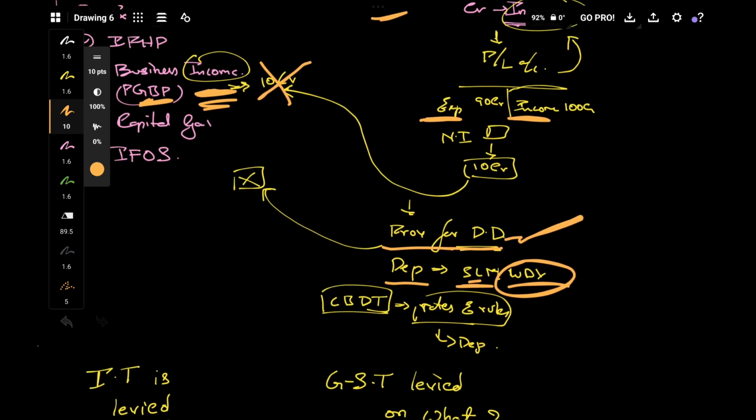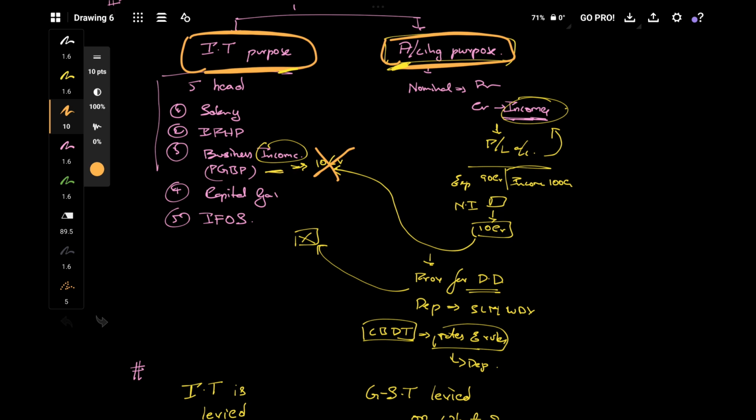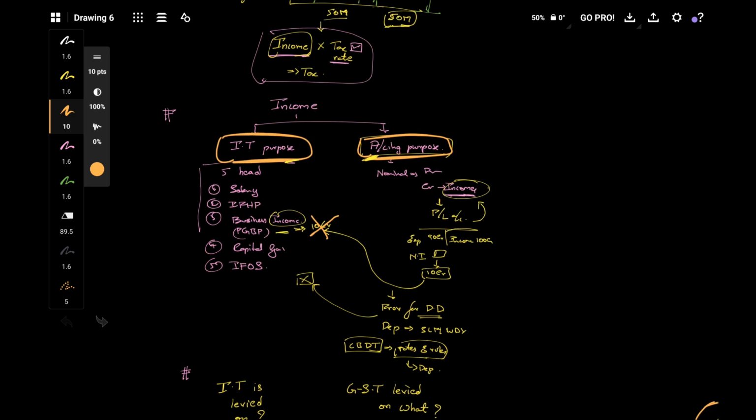And that too on depreciation rates which are given by the income tax department or the Income Tax Act. We can't use our own depreciation rates. In this way, the expenses and incomes that are taken into account for accounting purposes are different from income tax purposes. So that's why the whole problem arises.